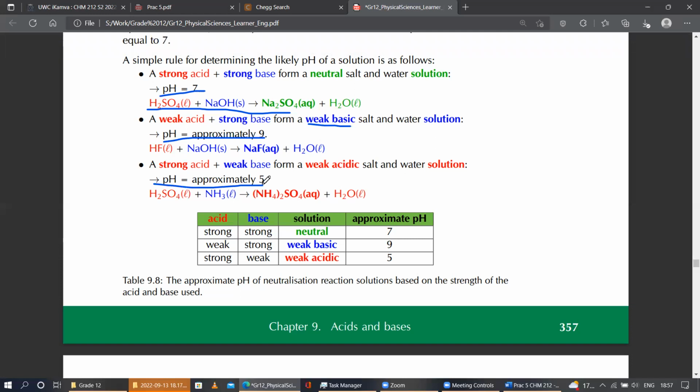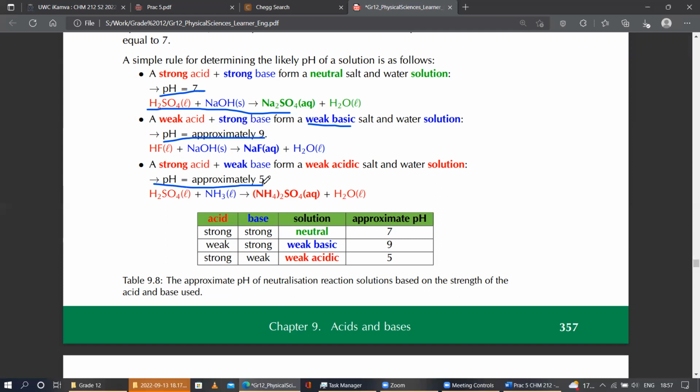So basically, if you know which are your stronger acids and weaker acids, and the same applies to the bases, you can estimate the pH before you actually attempt to answer the question. If it's a strong acid and a strong base, the pH is going to be around 7.